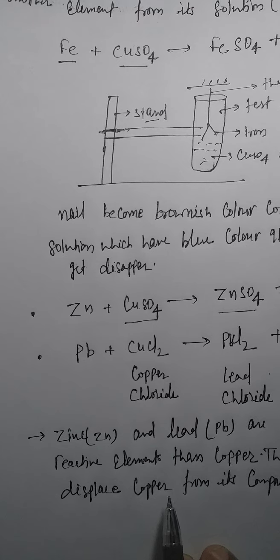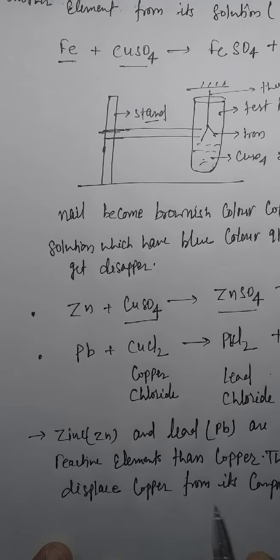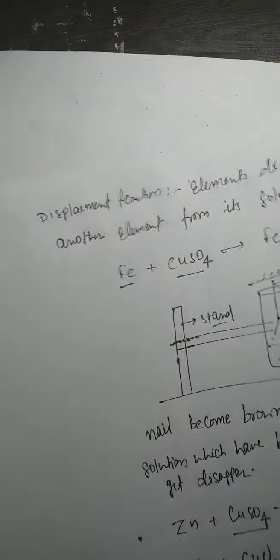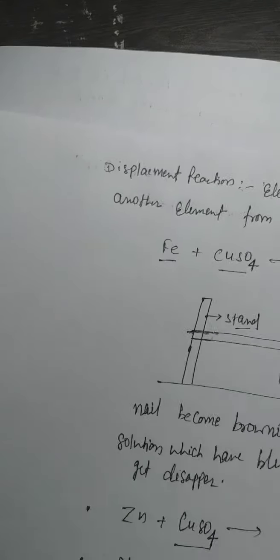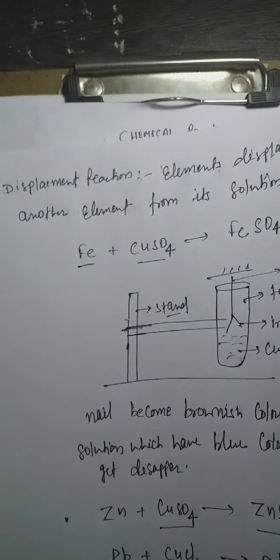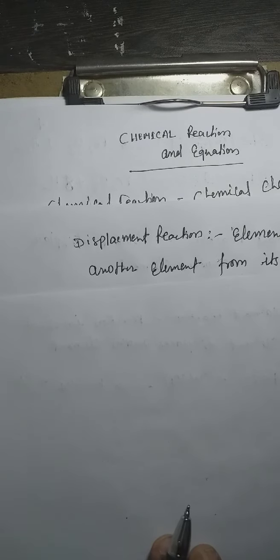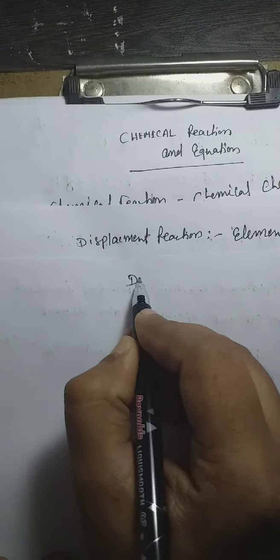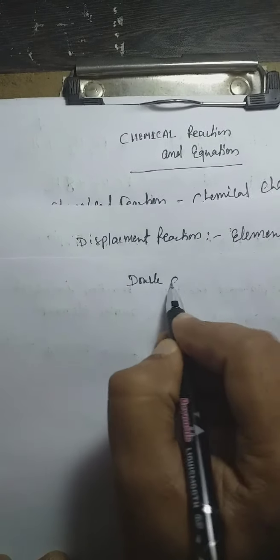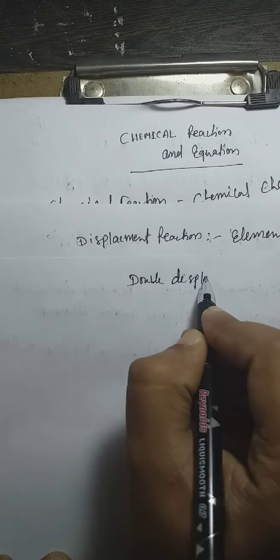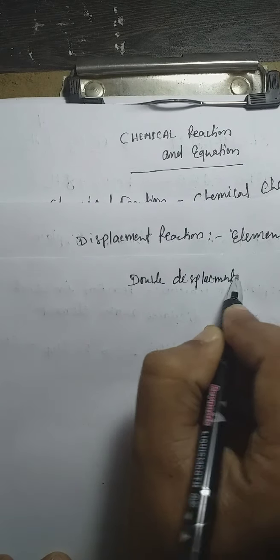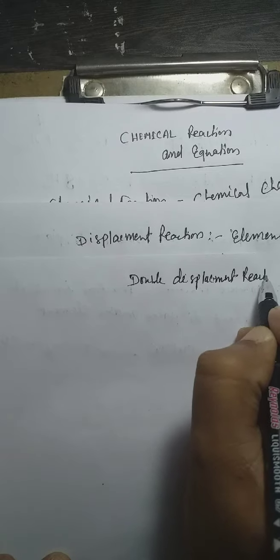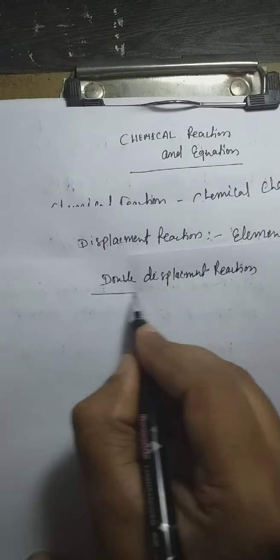One more, as a continuation of this chapter, we are taking one more example, the double displacement reaction. I don't think there is any confusion in this, so we are moving on now with the idea of the double displacement reaction.